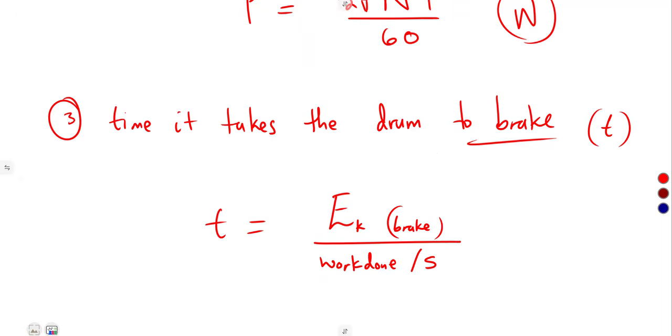Work done per what? Per second. Remember your calculations as before. These ones, we had this before. EK break. Remember that's a half or 0.5 I omega squared.